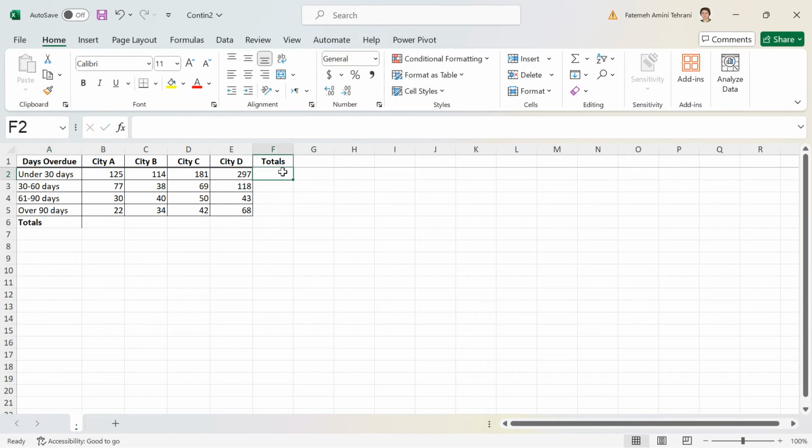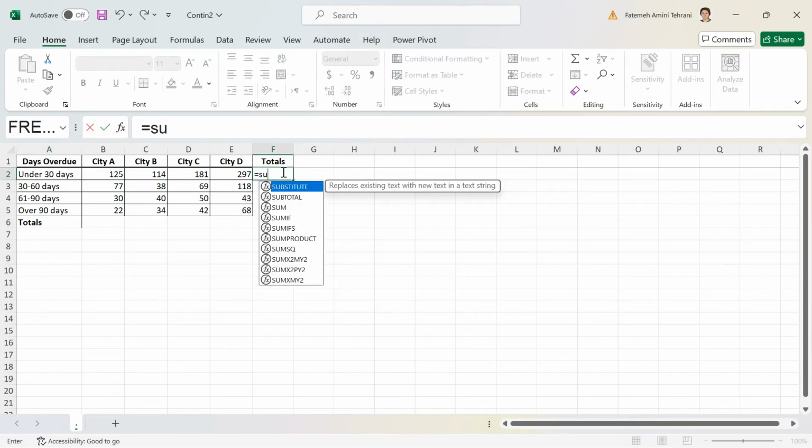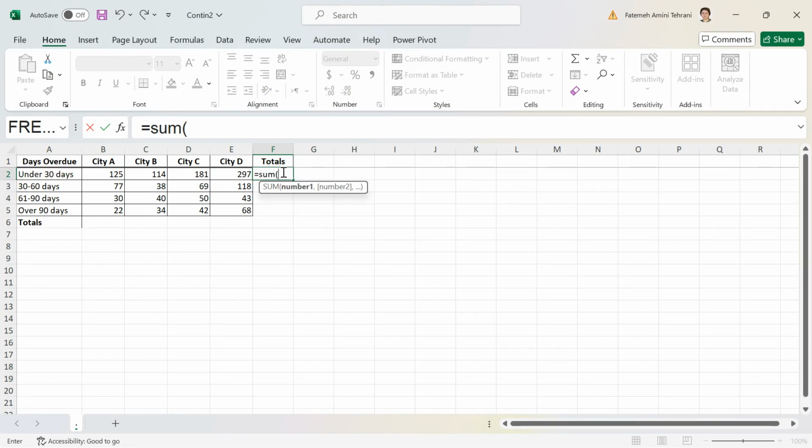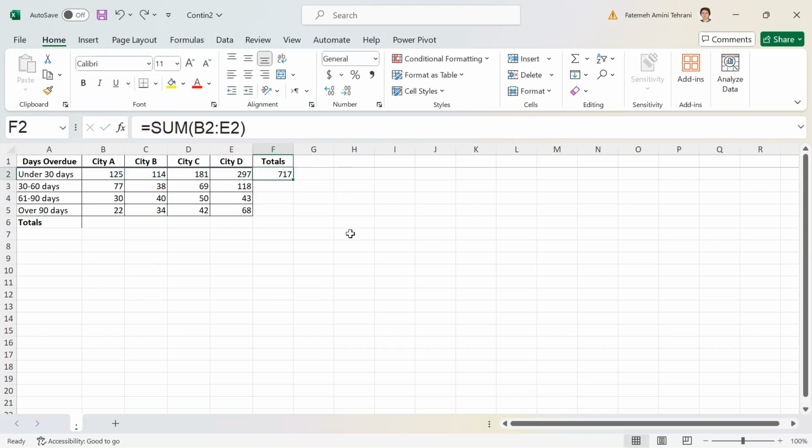To find the totals in a contingency table, I need to find the sum for each row, for the first row. Then I'm going to copy that for the other rows.